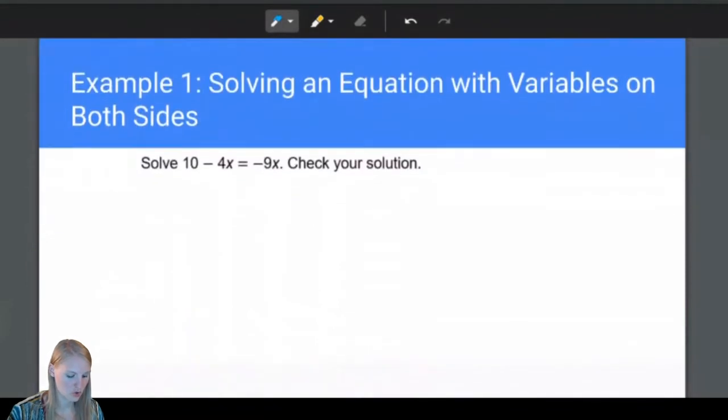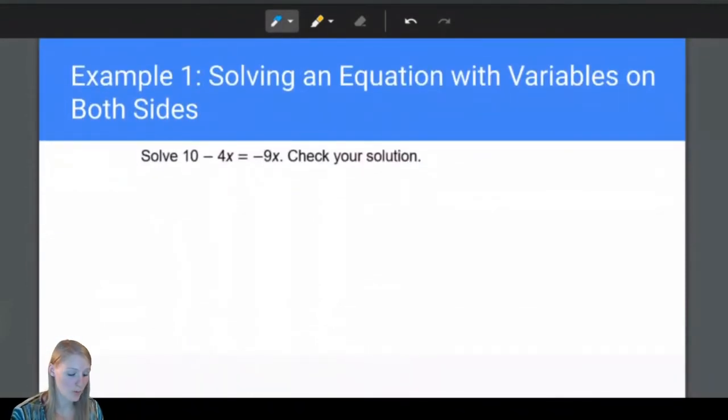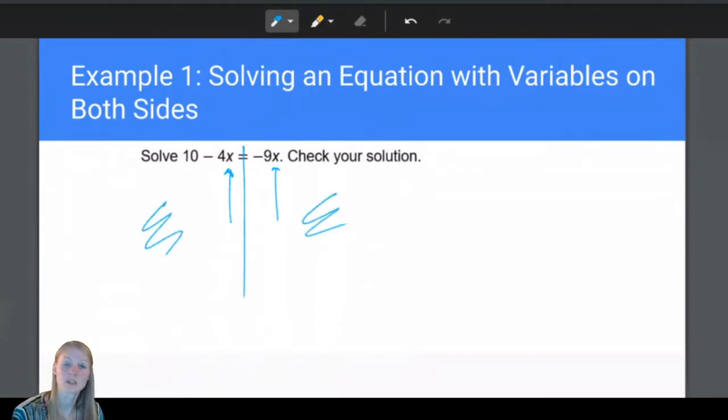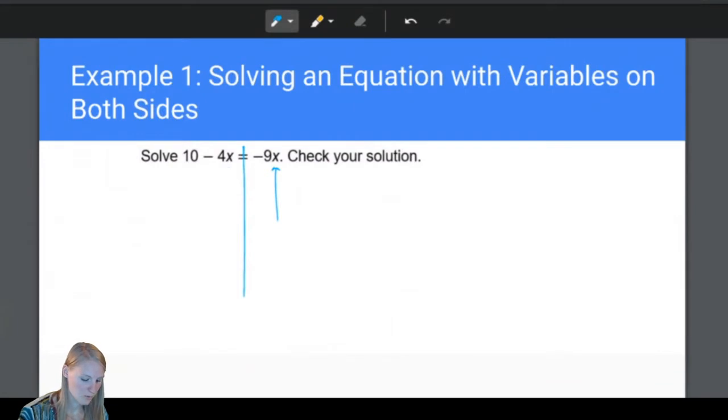Okay, so let's jump right into example 1. Notice how we have an X on this side and an X on that side. So we have a variable on both sides of the equation. Now, what we're going to do is we need to get all of our variables on one side. We need to get all of the X's on one side of the equation, all of our numbers on the other side of the equation.